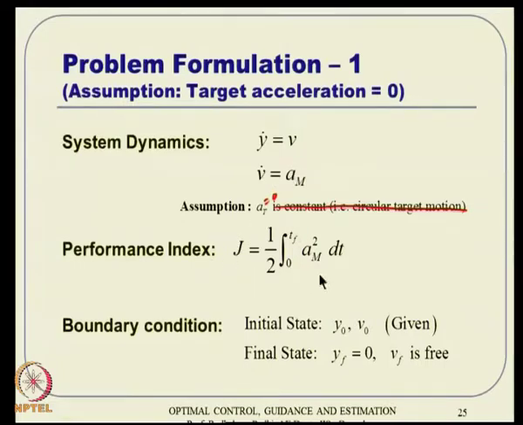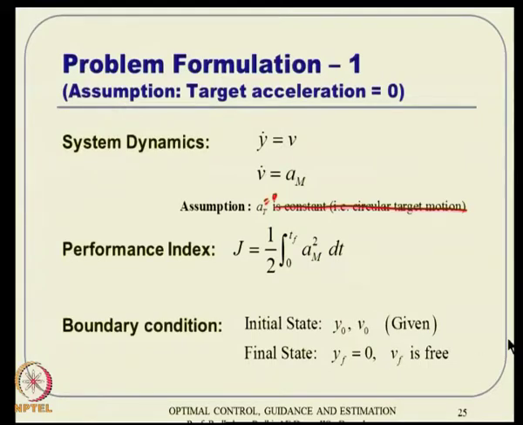Now, performance index: obviously I would like to have minimum lateral acceleration, I want to generate minimum induced drag. So, minimum lateral acceleration makes sense. This is what I want to minimize subject to these two system dynamic equations, very simple actually. Initial state is known to me, y naught, v naught, and final state is also known to me. What I want is yf has to go to 0, whereas vf is free.